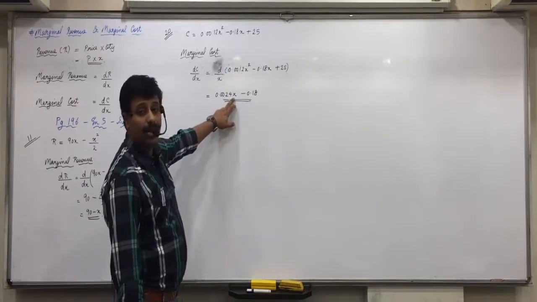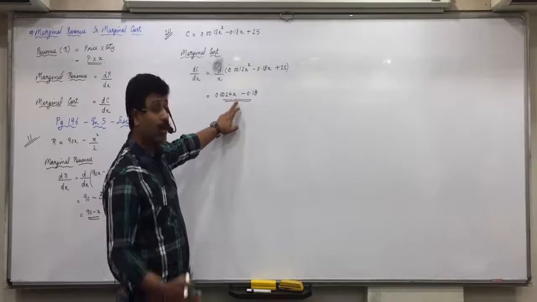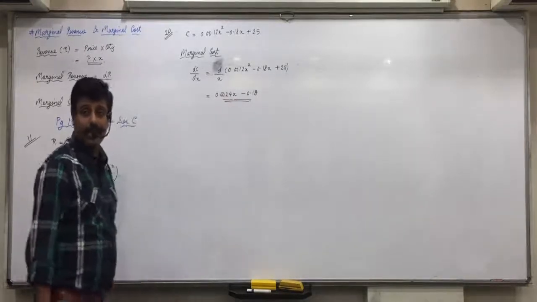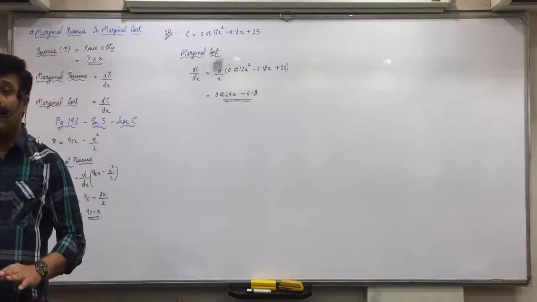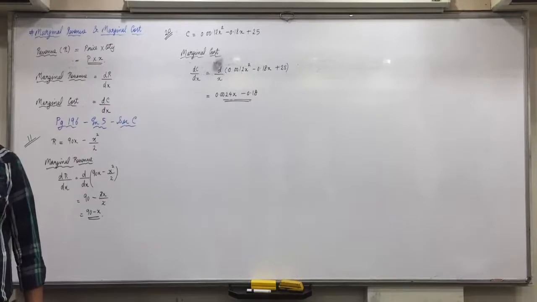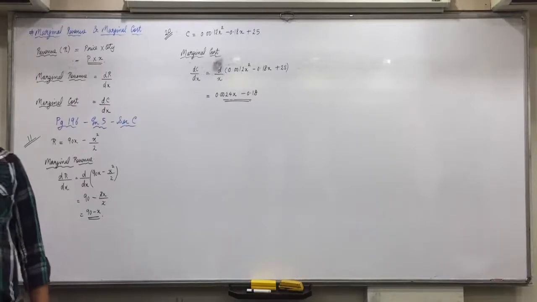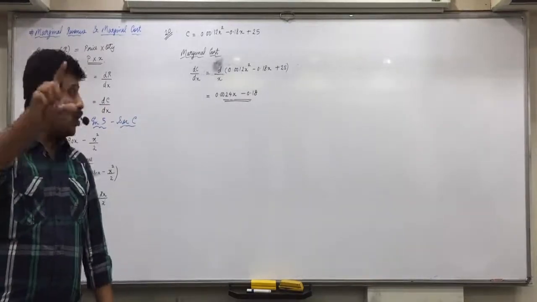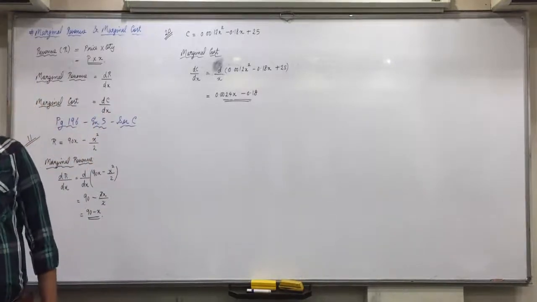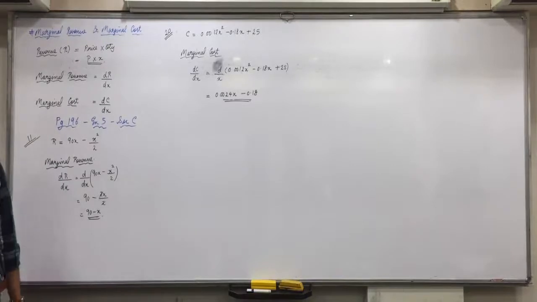In 0.0024x, in x you put 10,000. 0.0024 into 10,000 is 24. 24 minus 0.18, 23.82. At 10,000 units, your marginal cost would be 23.82. It means producing the 10,001st unit would cost you 23.82 rupees. This is what it means. Is everyone clear with this?